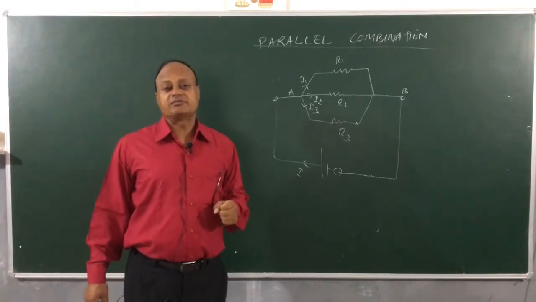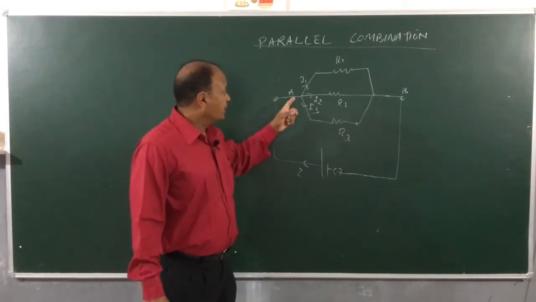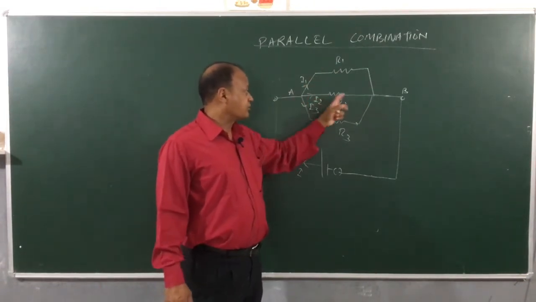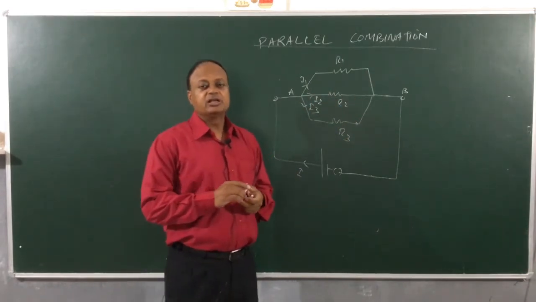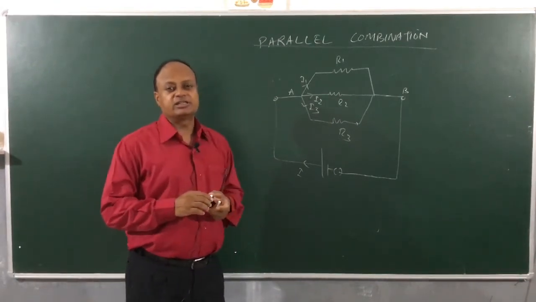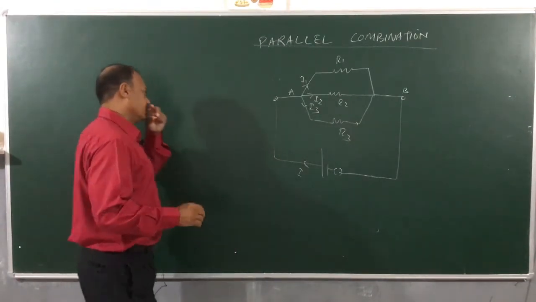Now, the second thing which is very important is that potential difference across all the resistances will be the same. It is an important property in parallel combination. So, let us write it down.